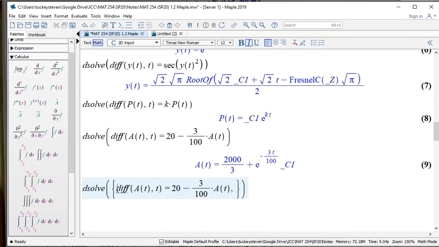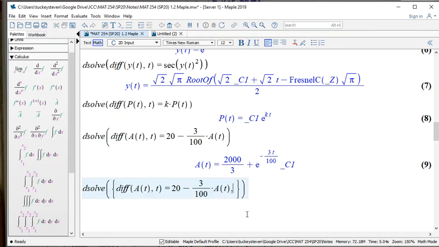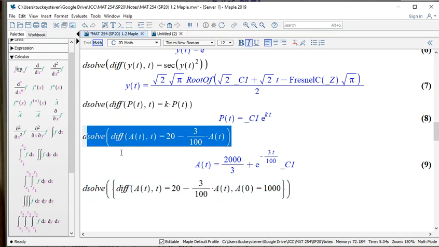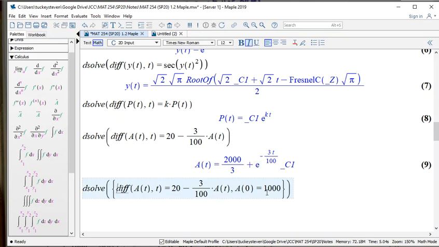So I'm giving it my differential equation, comma, my initial condition. And if you remember, we said that our initial condition was A of 0 equals 1,000 tablespoons of sugar. That was our initial amount. And so the only difference between this code up here and this code down here is I have those extra curly brackets and an initial condition.